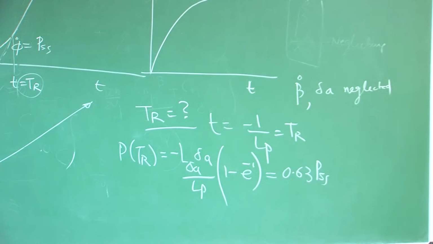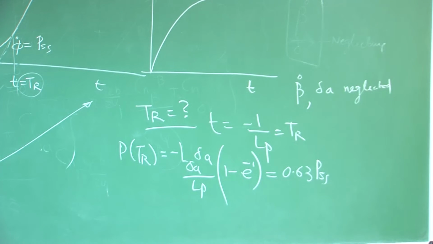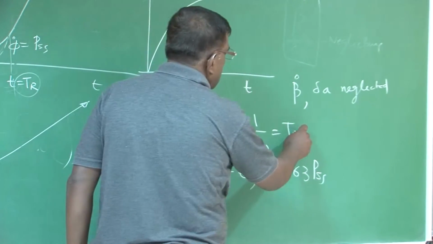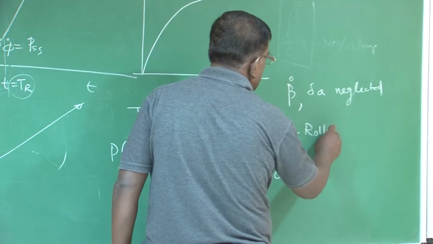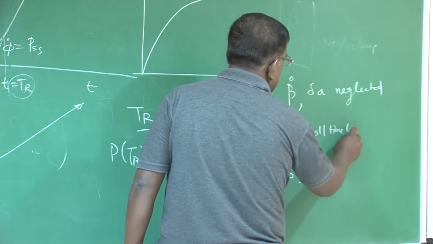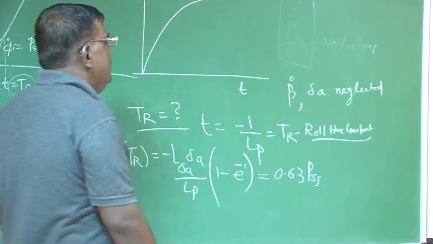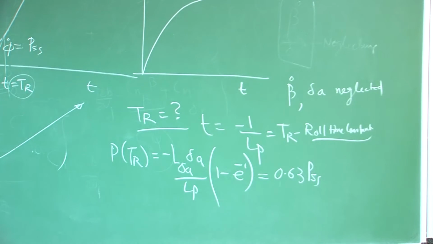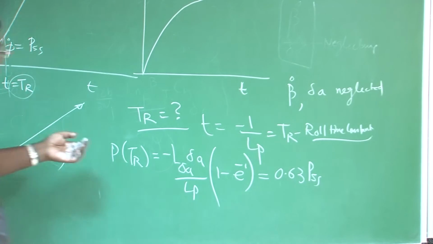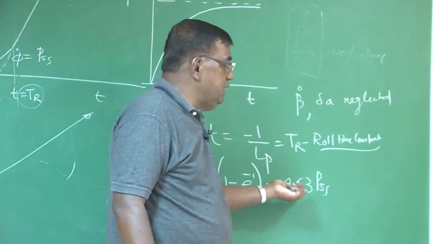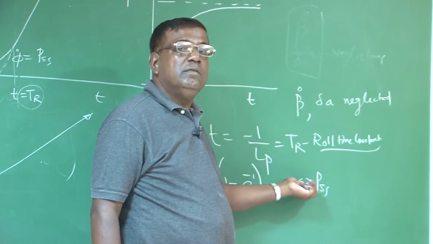So you can understand that the roll time constant TR is very important information for a designer. The roll time constant TR is that time at which the value of P goes to 63% of the steady state value.